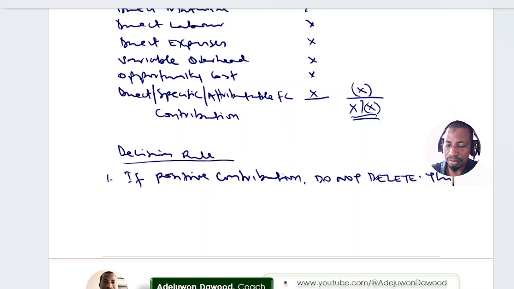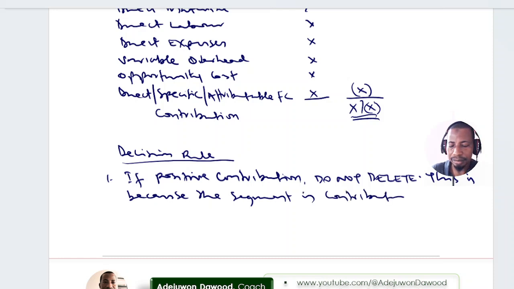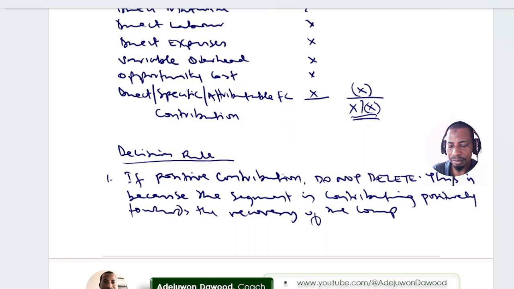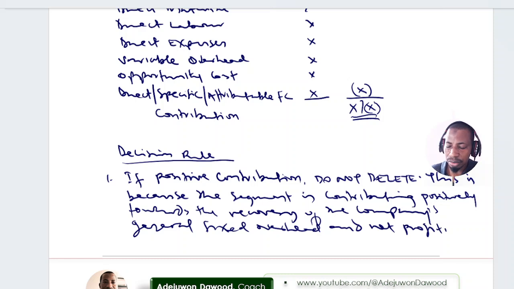This is because the segment is contributing positively towards the recovery of the company's general fixed overhead and net profits. So that's why it is advisable not to delete the segment.